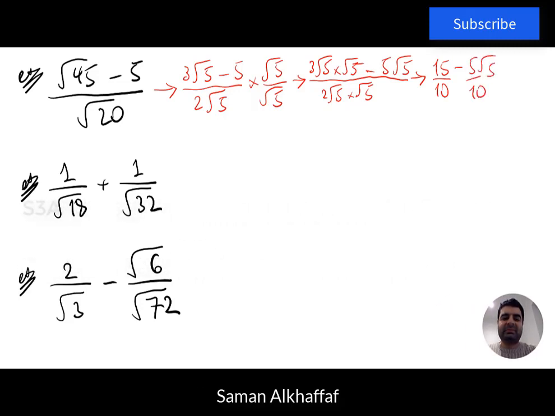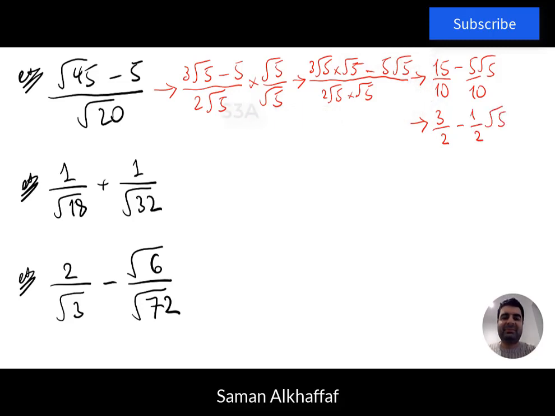Now we can simplify this term further. So in this scenario, the 15 divided by 10 would give us 3 over 2. If we divide it by 5, it would give us 3 at the top and also 2 at the bottom, and the 5 over 10 will give us half root 5.